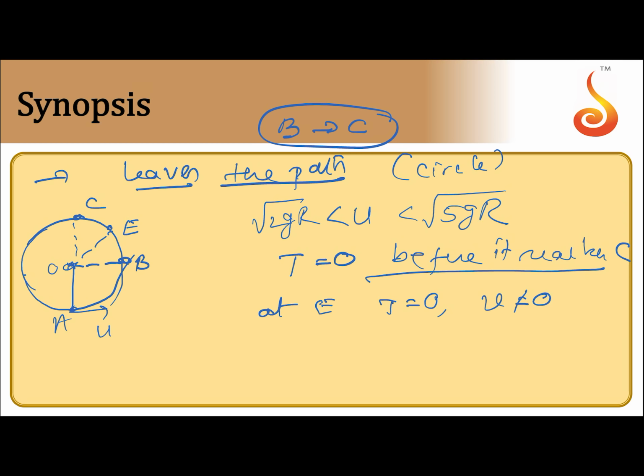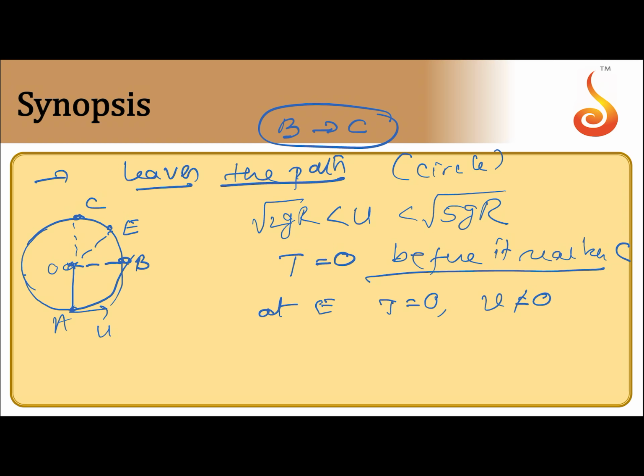So what happens? The particle loses its circular track. It crosses the point B, but it doesn't complete the vertical circle. And when the tension becomes 0, the particle loses its circular track.